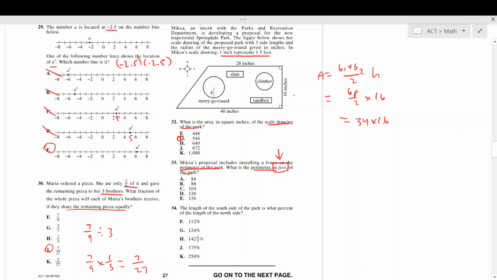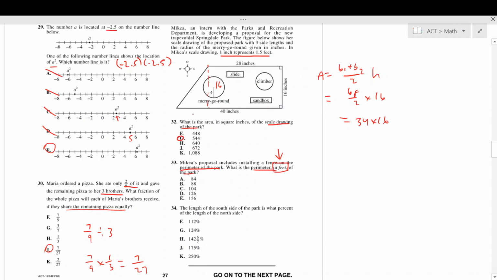For the perimeter, we have these three sides, 1, 2, 3, but we don't have the last side. My first instinct is to draw this line, because we can usually use a right triangle and the Pythagorean theorem to find the length of a diagonal side. This side here must be 16 inches because it's 16 inches over there.